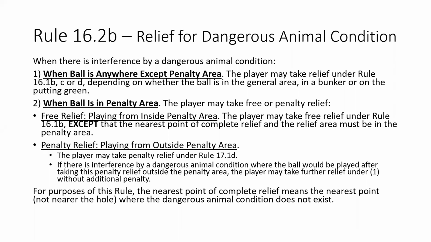Maybe it's just a bee's nest that fell underneath a tree, and your ball is right there. You would just go to the point where the bees aren't interfering anymore, or where it's safe, and then take 1 club length from there, and that would be your relief area. Okay.